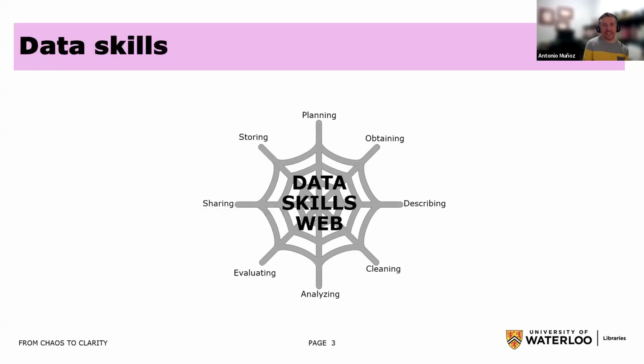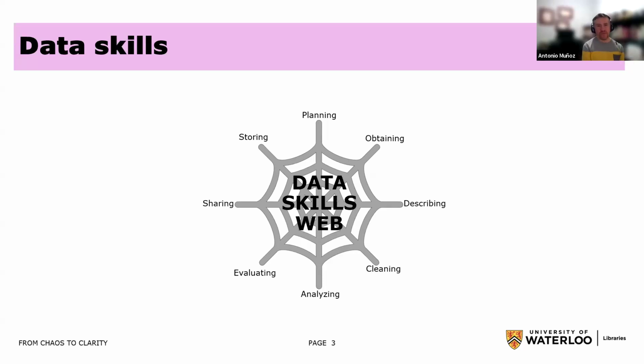All right, so this is our web of data skills. And we have chosen this visualization to highlight the interconnected nature of all of these things that happen when you are working with data. It is a very good thing to start at the top with the planning, but everything else, and even the planning, is usually iterative and not linear, and you will find yourself going back and forth between all of these activities.